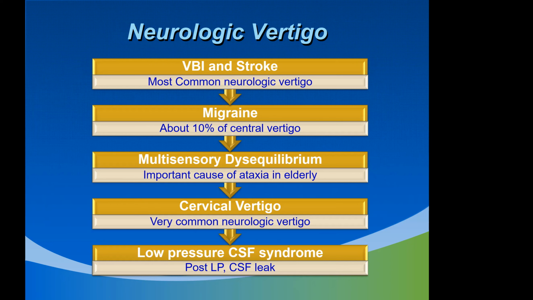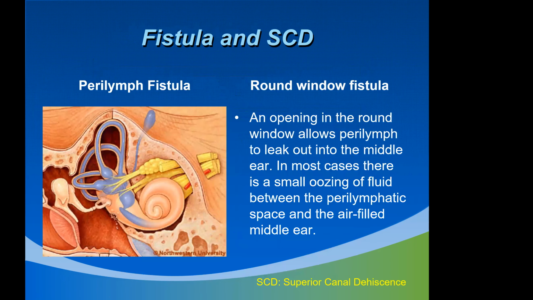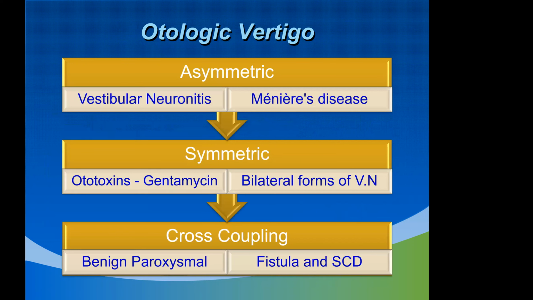So, what are the neurological causes of vertigo? Before that, what are the otological causes? Otological causes are symmetric, asymmetric, cross-coupling: vestibular neuronitis, Meniere's, ototoxins, bilateral vestibular neuronitis. BPPV is the commonest. The fistula of the vestibule, and then the superior canal dehiscence are other causes.